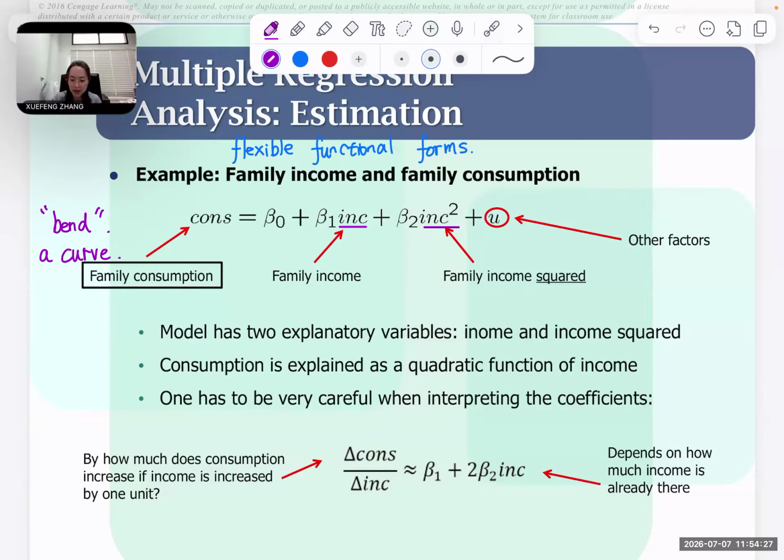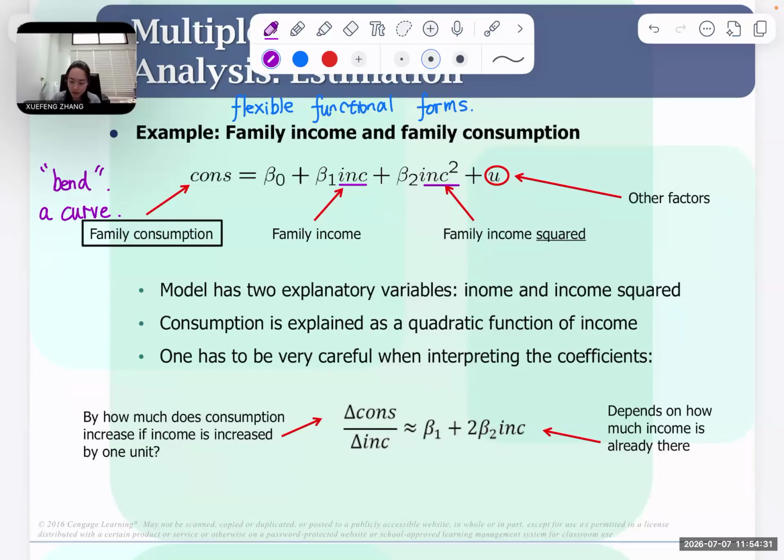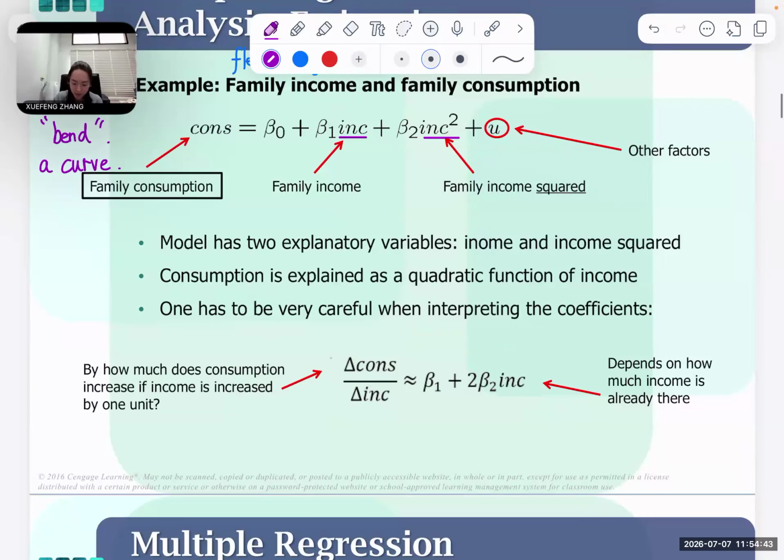Now, here is the tricky part, interpretation. Okay, how can we interpret? You can't just look at beta 1 alone and see the effect of income. Look at the formula here. Delta consumption over delta income is approximately equal to beta 1 plus 2 beta 2 income.